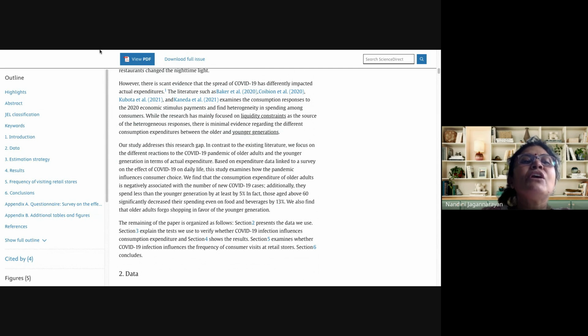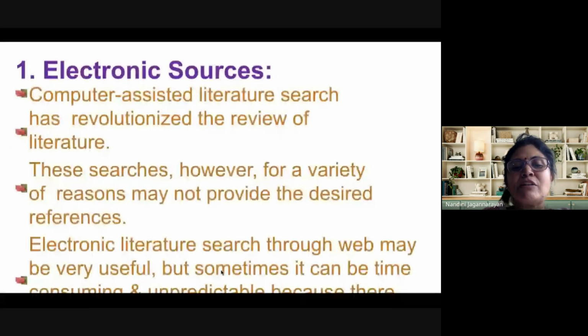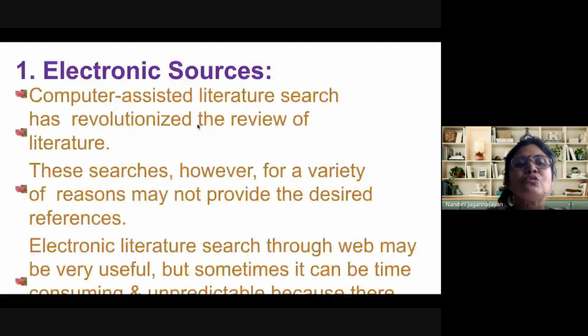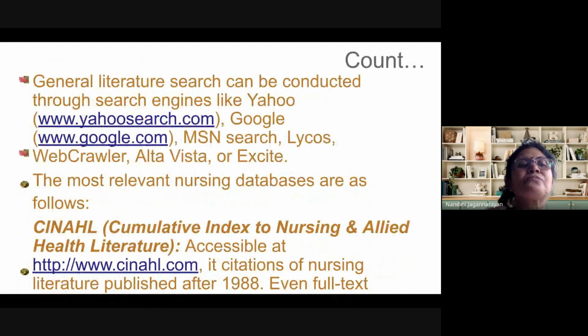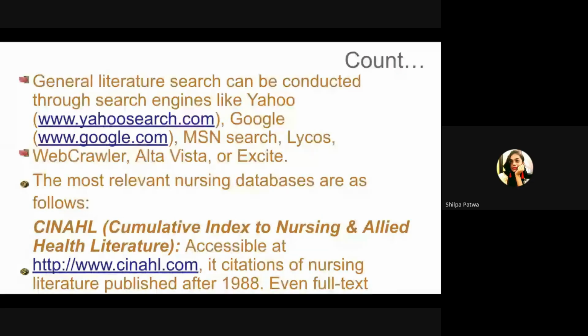For anything, you need to understand the background. This is one of the electronic sources. Now, again, it says search engines. All these are some of the searches that you use. Are you following, class? Yes, ma'am. Okay.